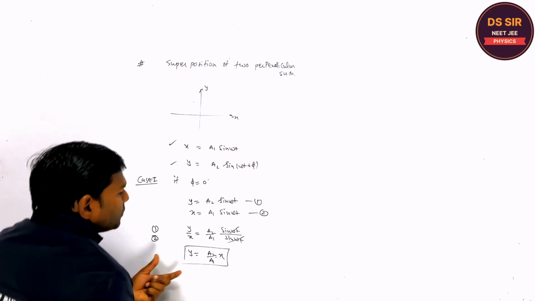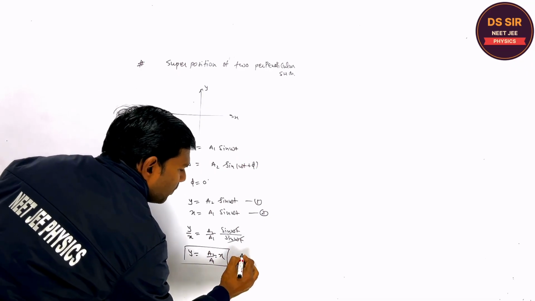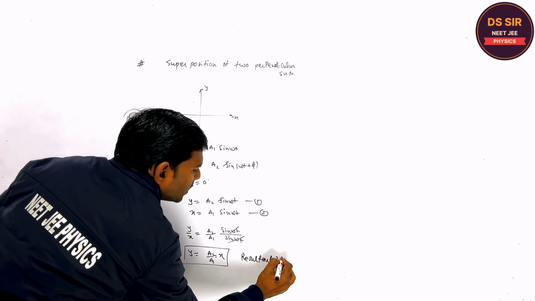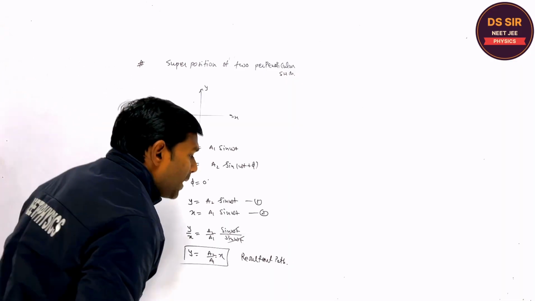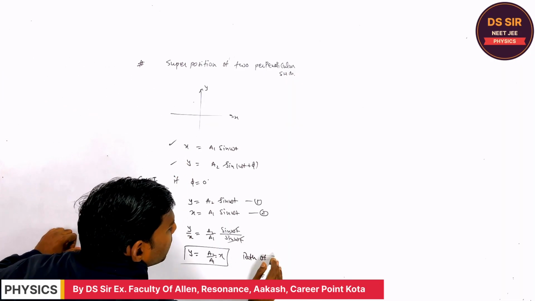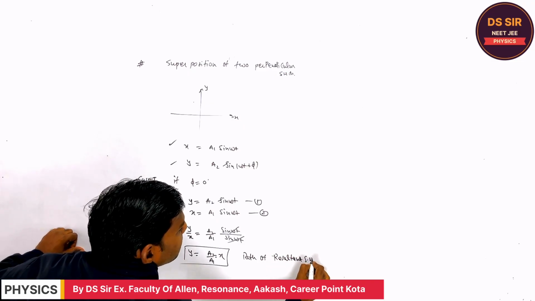What does it mean? This is the resultant path, the path of the resultant SHM.